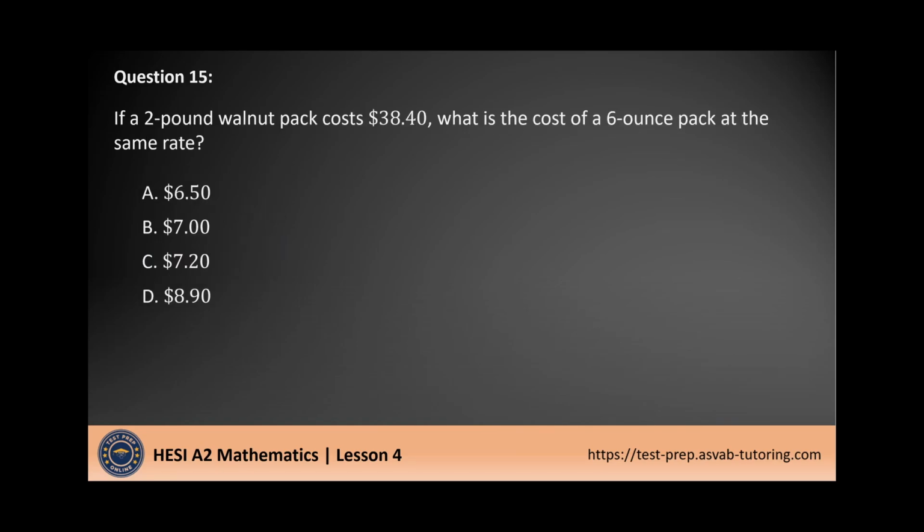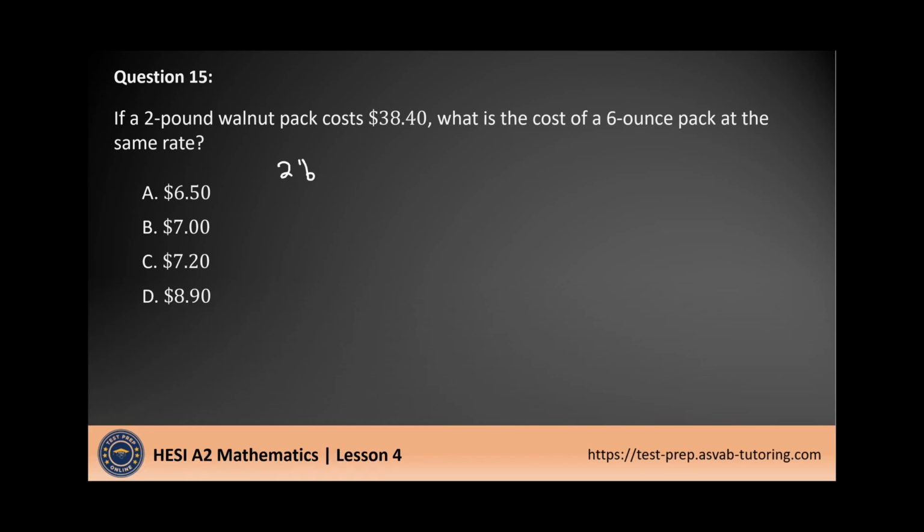Question 15, if a 2-pound walnut pack costs $38.40, what is the cost of a 6-ounce pack at the same rate? So we can change those 2 pounds into ounces, or we can change those 6 ounces into pounds. Either would work. In this case, I'm going to change the 2 pounds into ounces.